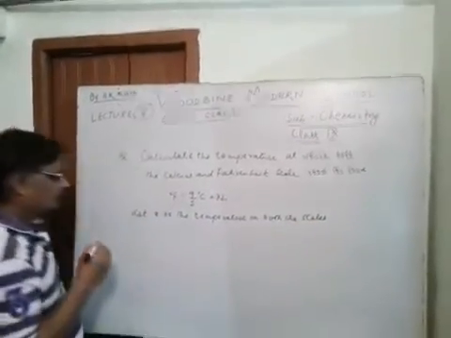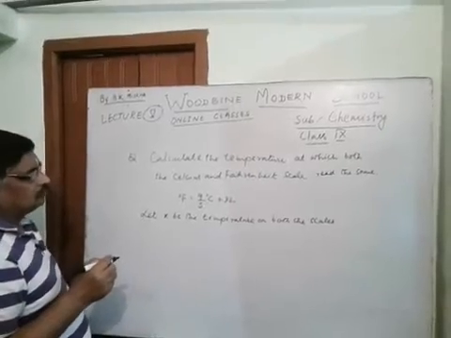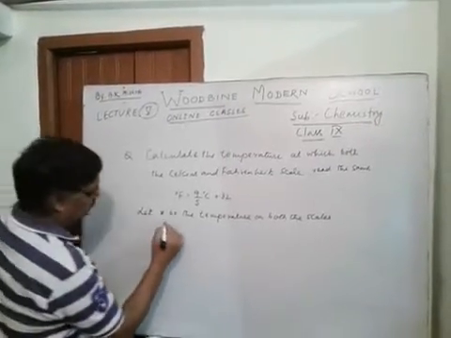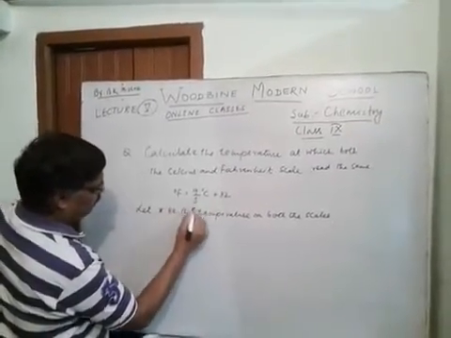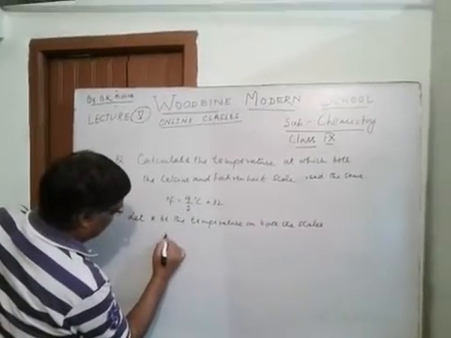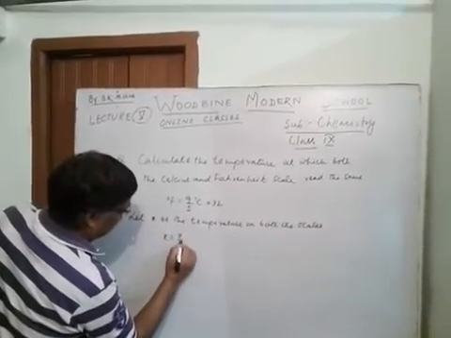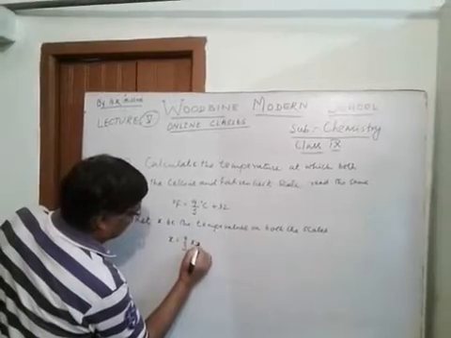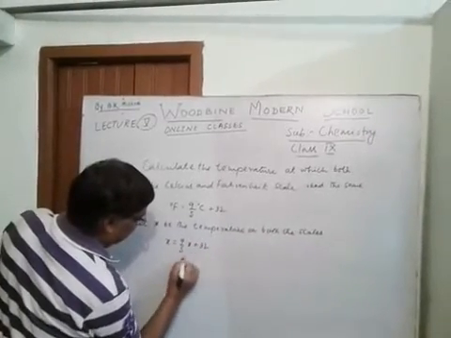Now x be the temperature on both the scales. Then this formula comes in the form of x equal to 9 by 5x plus 32.